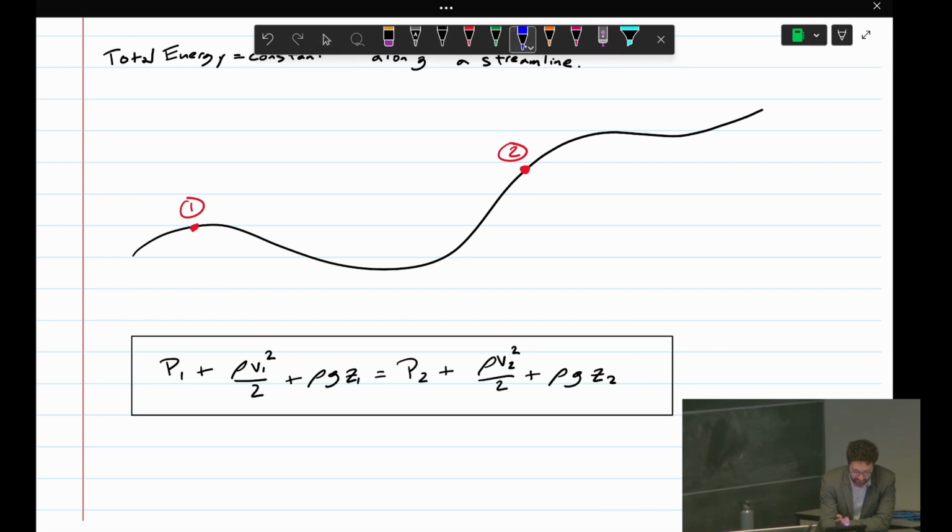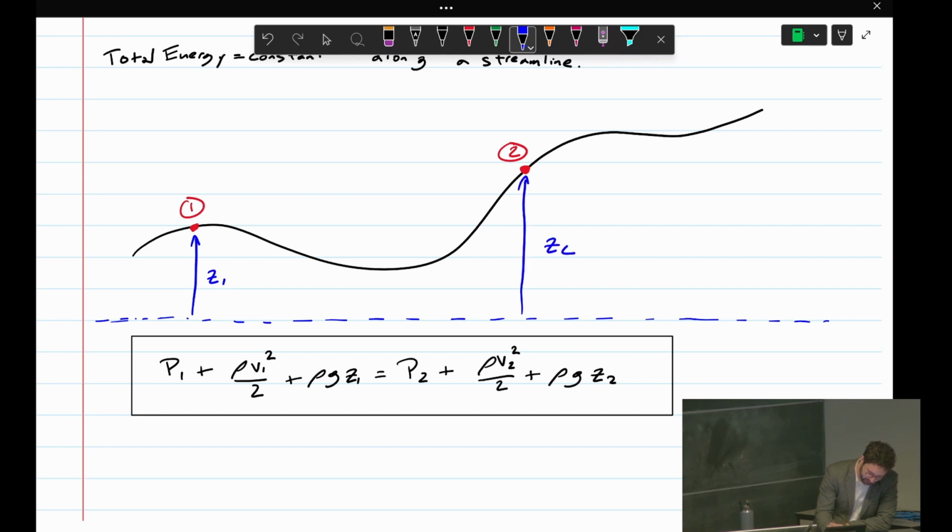So I want to talk a little bit about the definition of Z. It turns out that as long as Z1 and Z2 are measured from the same datum, again, this is the exact same thing as potential energy in more conventional conservation of energy, the actual point that you measure these from doesn't matter. So we can say that that's Z1 and that is Z2. As long as both 1 and 2 are measured from the same datum, this equation will give the same results.